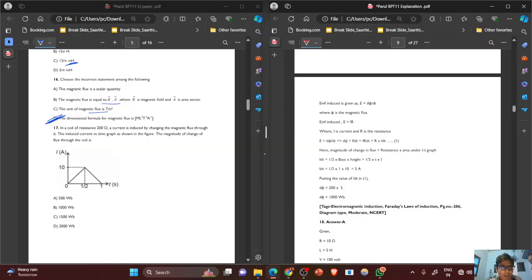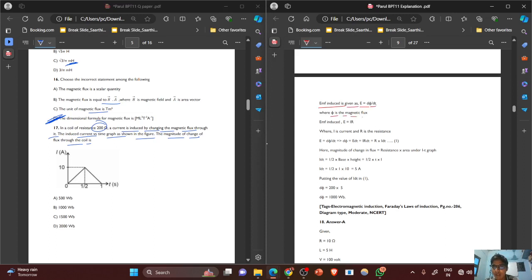Moving ahead. In a coil of resistance 200 ohm, a current is induced by changing the magnetic field through it. The induced current versus time graph is shown in the figure. It is asking about the magnitude of change of flux through the coil, which can be calculated using Faraday's law. Moving to the solution, EMF induced is given by E equals d phi by dt, where phi is the magnetic flux.